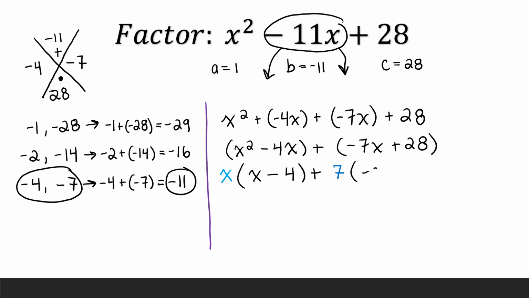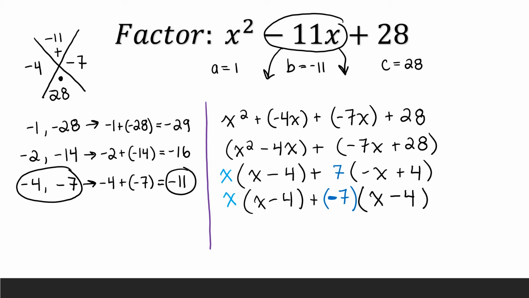negative x, plus 4. But we don't like having a negative x, so we'll factor out a negative 1 as well. So we have x times that x minus 4, which has a positive x, so we're okay, plus, let's factor out a negative 7. x divided by negative 1 leaves us with positive x, and then that plus 4 divided by negative 1 gives us minus 4.